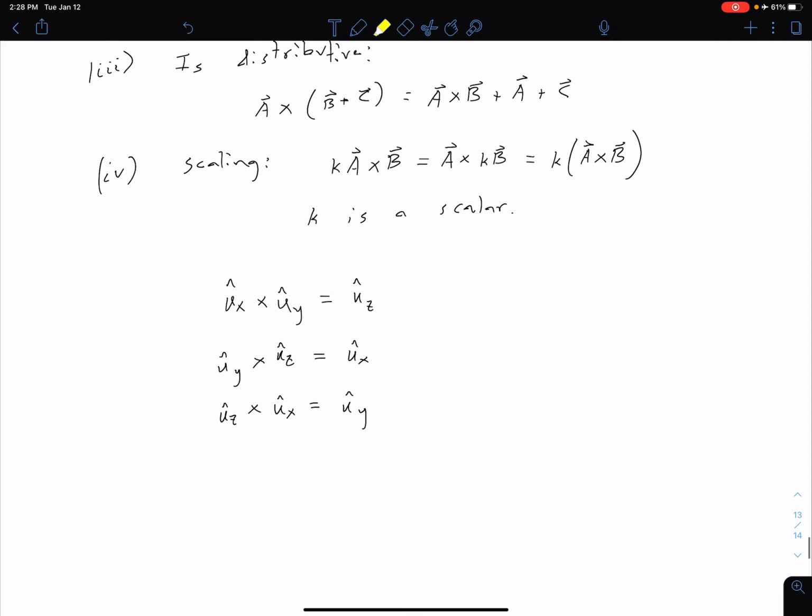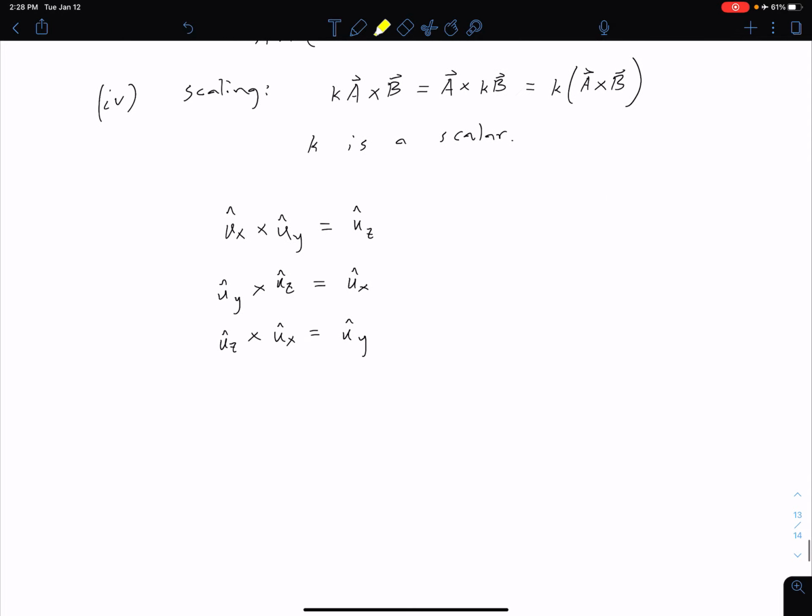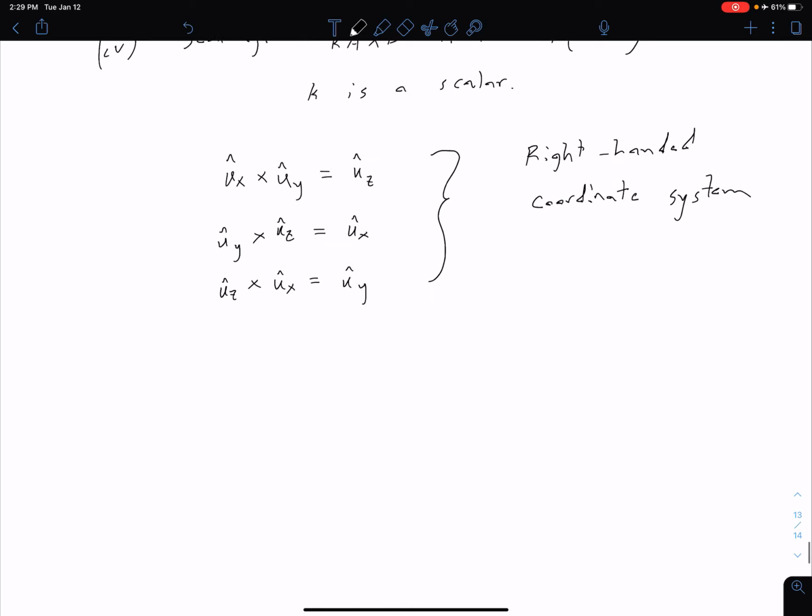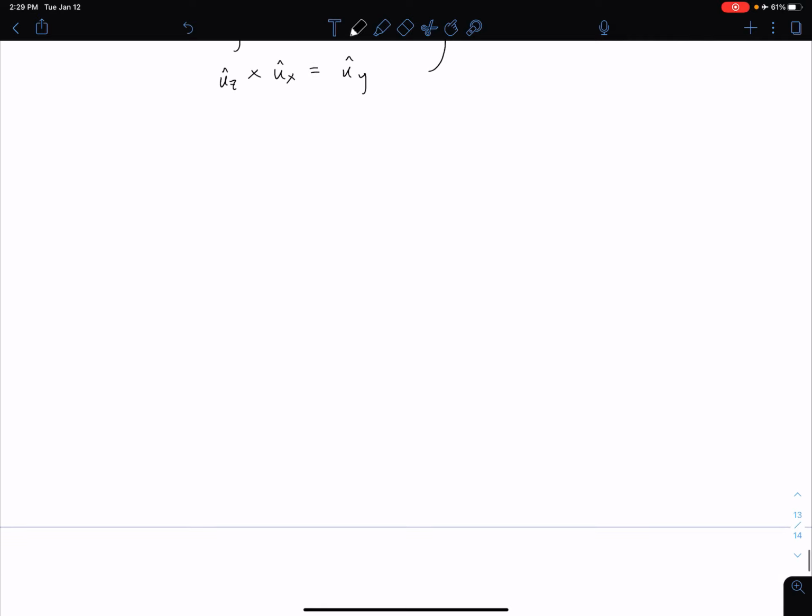And so basically, we can consider this below, and what this ultimately means is that in this text, and typically what is done with EMAG in general, is that we're working with right-handed coordinate systems. So right-handed. There is such a thing as a left-handed coordinate system, but it's not often used. So let me just sketch out really briefly what our axes look like.